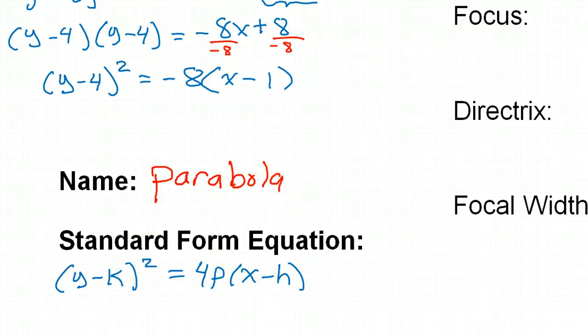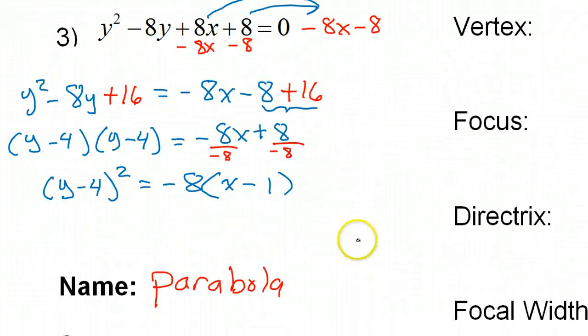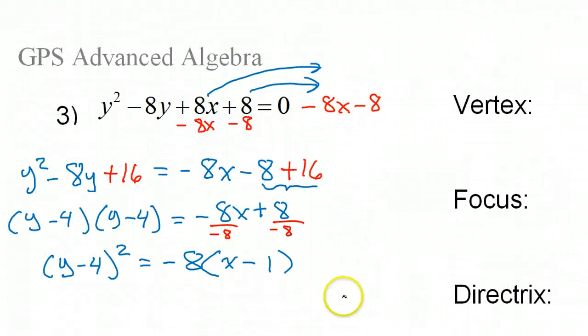So we can fill this stuff in now. It was y minus 4 squared equals negative 8 times x minus 1. At a glance, we should know what the vertex is.